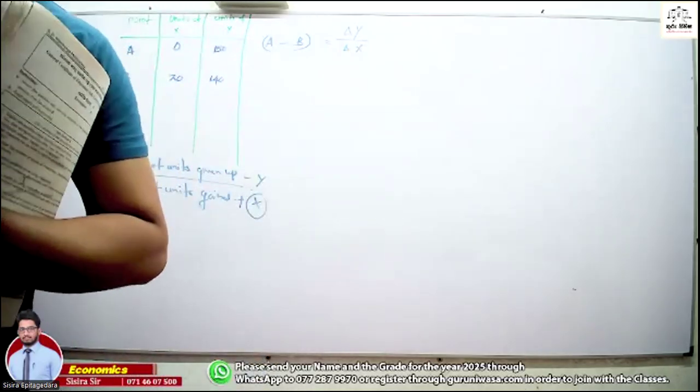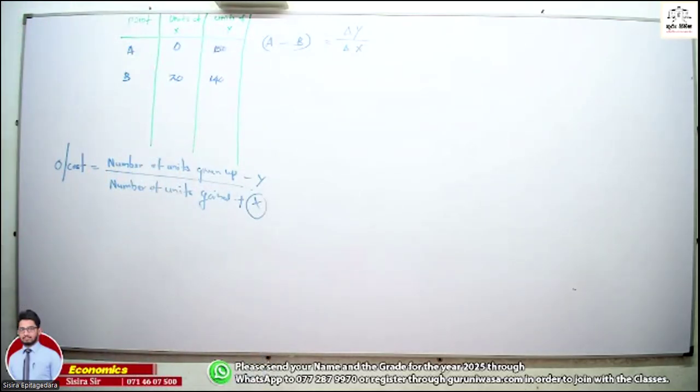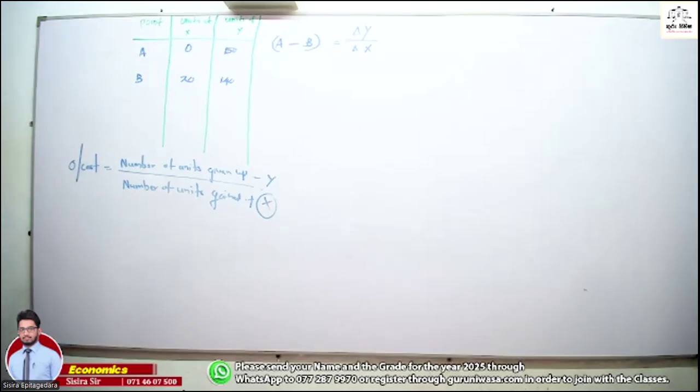This is the equation. Because when moving from A to B, X rises, Y falls. Then you can calculate opportunity cost.